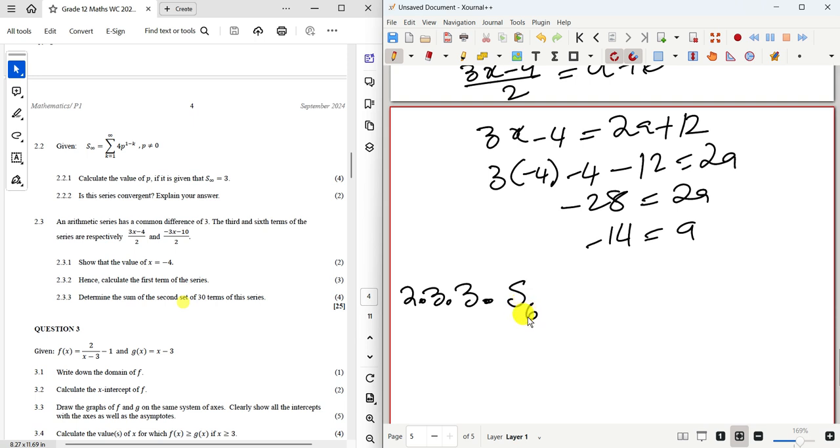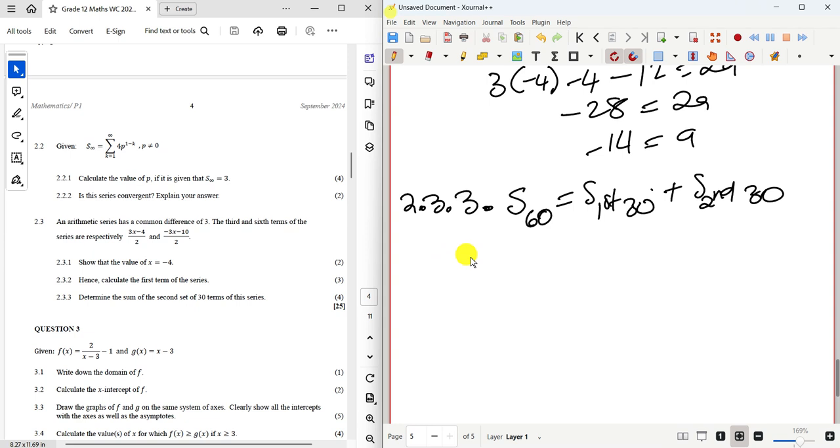So this means we're looking at the sum of the first 60 minus the sum of the first 30. Do you guys know the sum of the first 60? I don't think I know it, but we can find it. We'll say S_n equals n over 2 into 2a plus n minus 1 times d. Remember, this formula is also given.